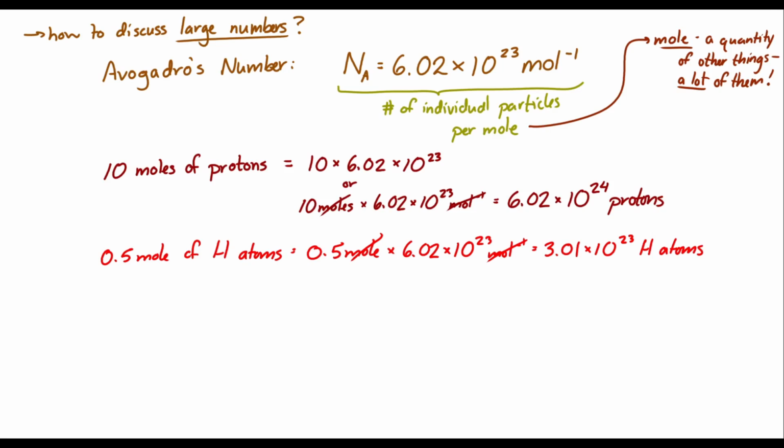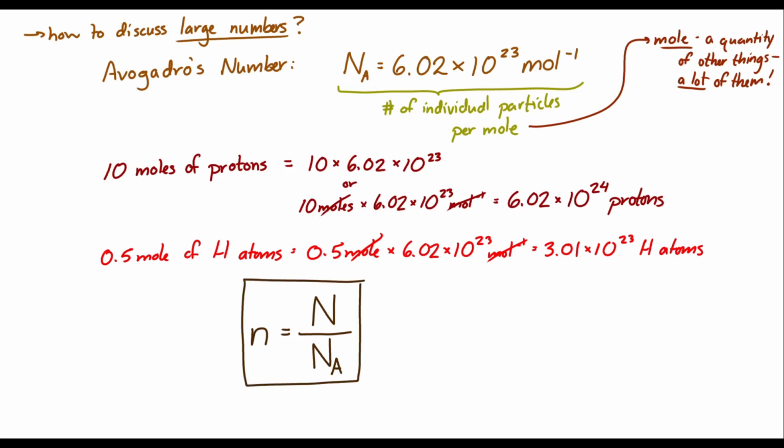So we have this relationship between number of moles, the number of particles, and Avogadro's number. And here it is. n is equal to N over N_A, which sounds ridiculous when you say it out loud. But this small n over here is the number of moles. This capital N here, that's the number of particles. And the N_A on the bottom is Avogadro's number.